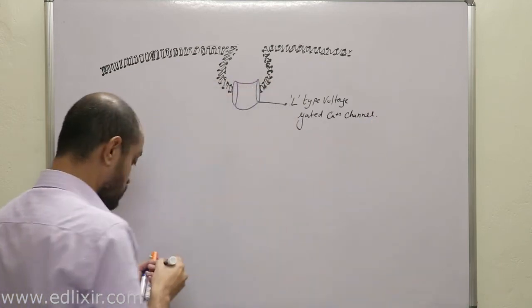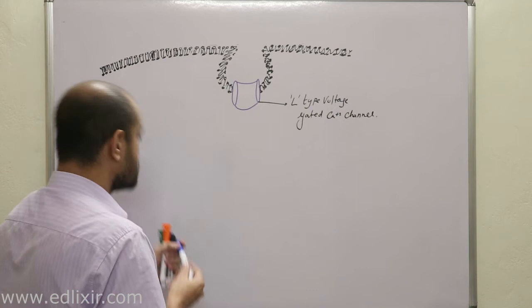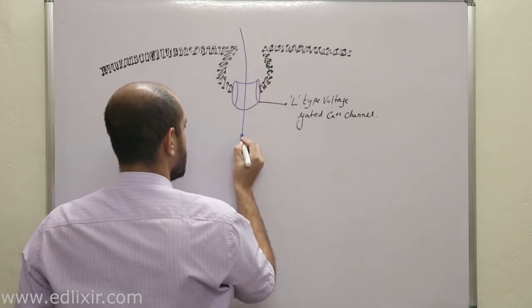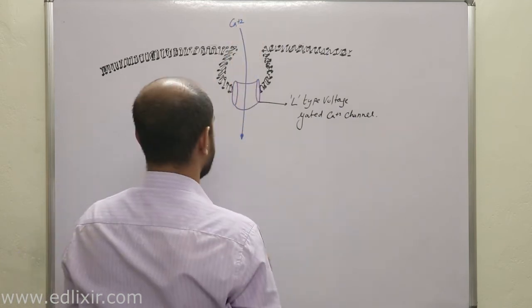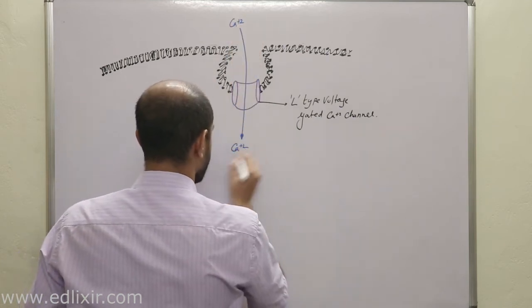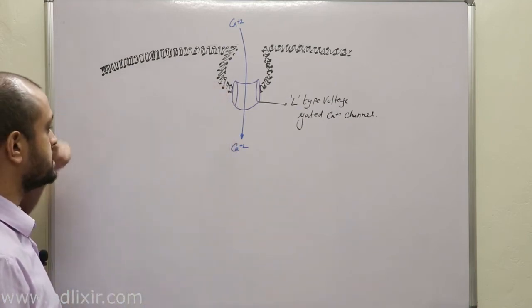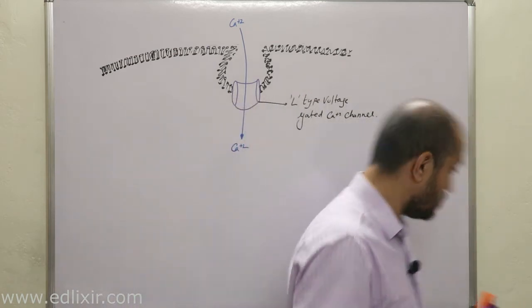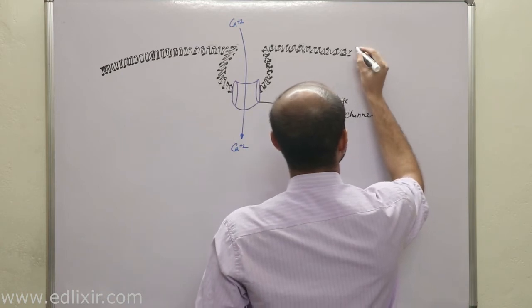Any small fluctuation in voltage causes calcium to enter from the extracellular space. Very important point: this is the first way by which calcium enters into smooth muscle cells.